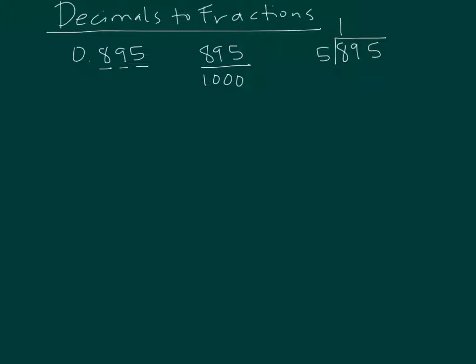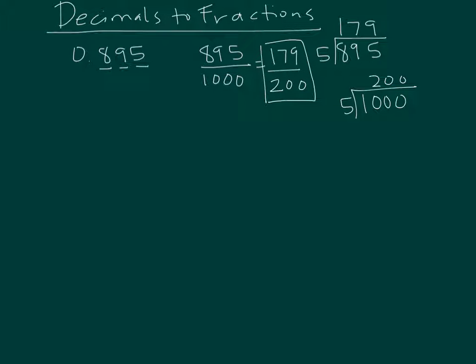That's 179. Feel free to use your calculator. And 1,000 divided by 5 is 200. 179 over 200 is reduced, so it's done. So that is it as a fraction.